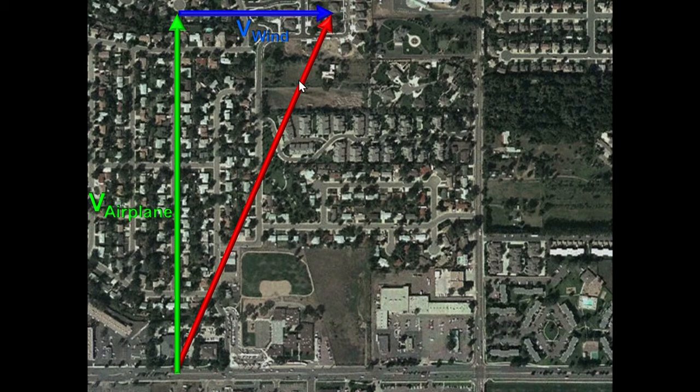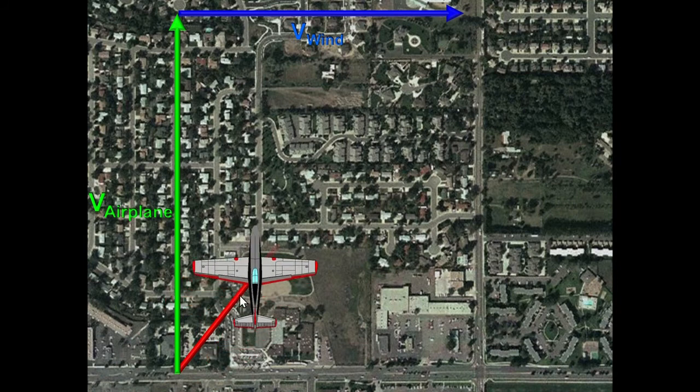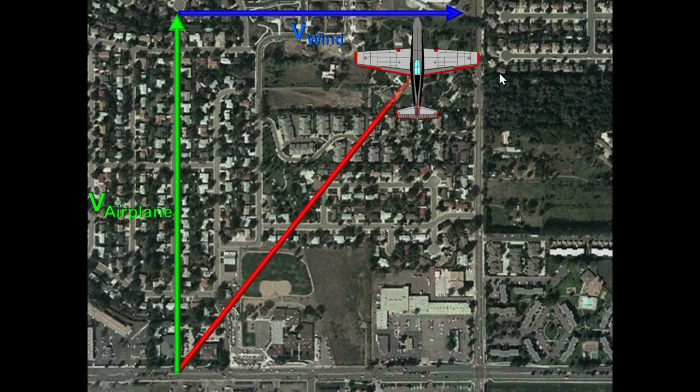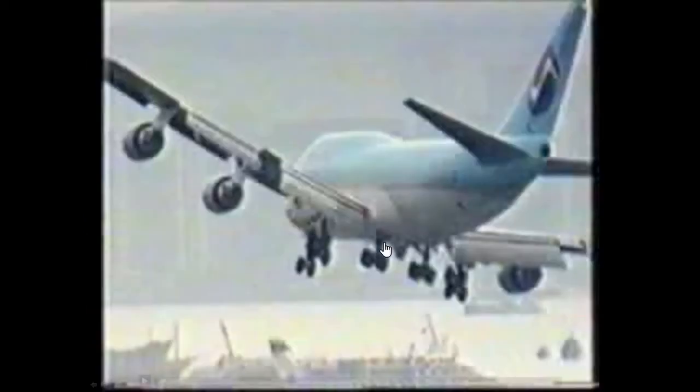And we would like to be able to find out, well, how fast is it actually going? If the wind were blowing faster, then the plane would be really, really drifting to the right. But if I knew this velocity and I knew that velocity, if it is at right angles, then we thank our good friend Pythagoras, and we can add those two with Pythagorean theorem. This velocity squared plus that velocity squared would equal that velocity squared.